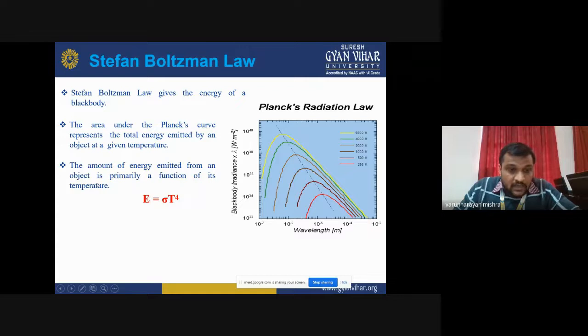This equation calculates the amount of energy emitted by an object as a function of temperature. If the object has high temperature, it will release a high amount of energy. If the object has low temperature, it will release a low amount of energy.